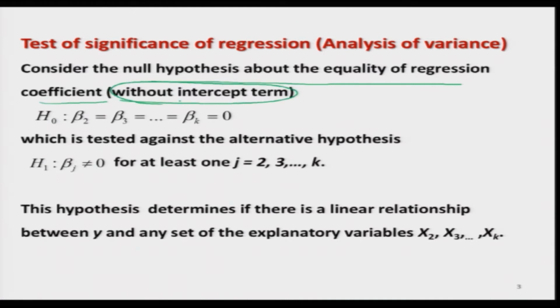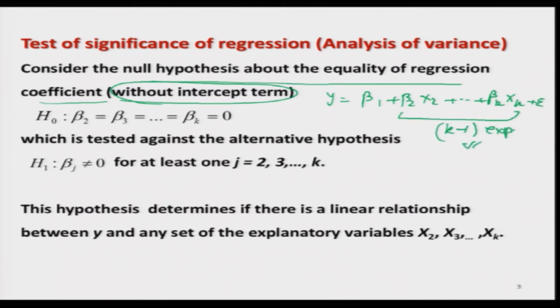I am considering the hypothesis about the equality of regression coefficients only. So I write my model as y is equal to beta 1 plus beta 2 x 2 plus beta 3 x 3 plus beta k x k plus epsilon. You can see there are only k minus 1 explanatory variables.